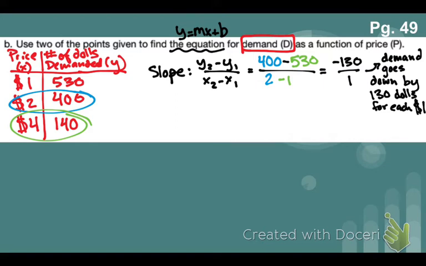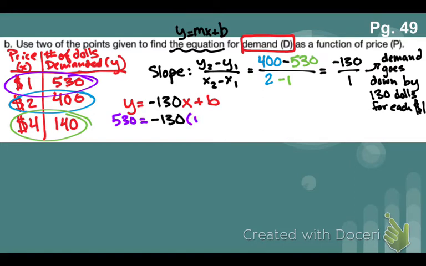And then we know our slope is negative 130, and we're looking for B. So we just plugged in 530 for Y and 1 for X. And we add 130 on both sides.